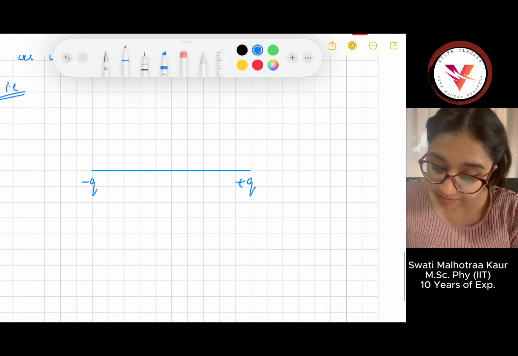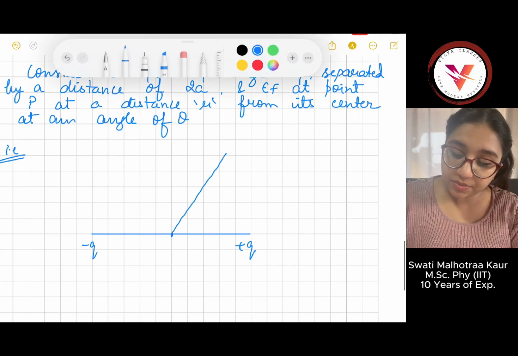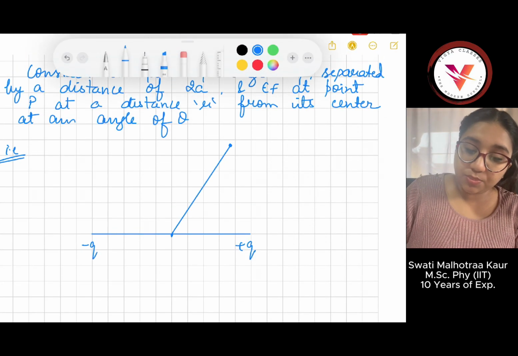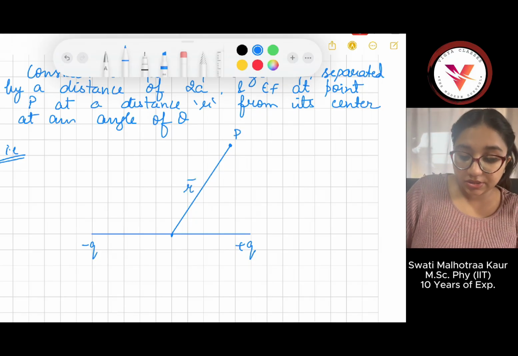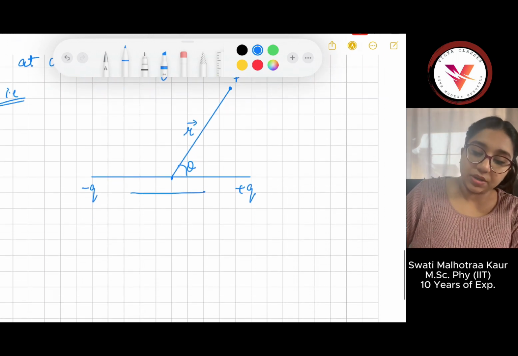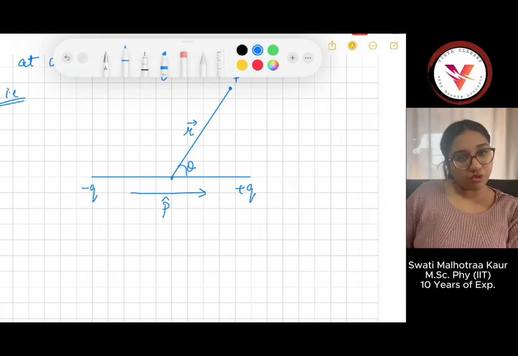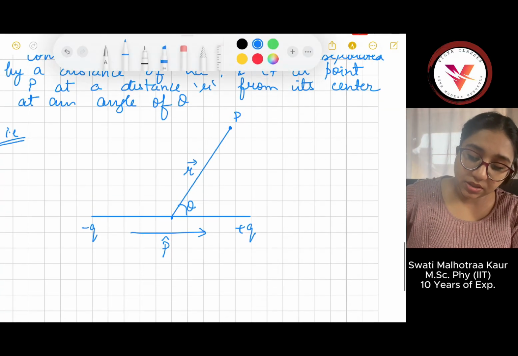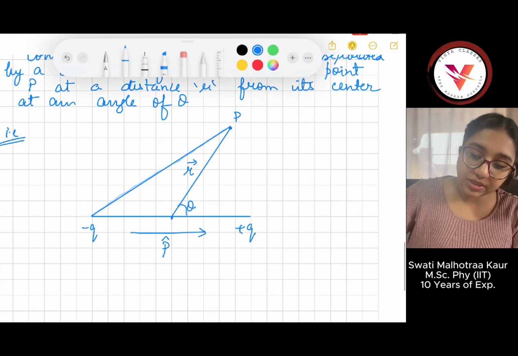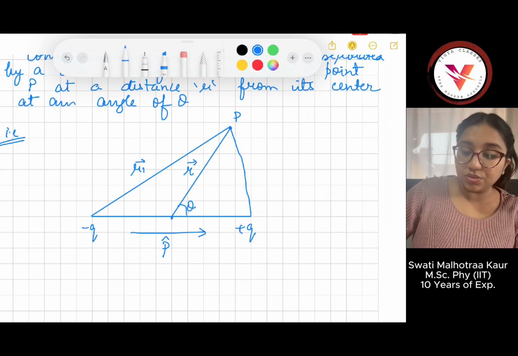This is the midpoint. From the midpoint, consider a point P at a distance of r vector, making an angle of theta with the dipole moment. Let's take this as p cap from negative to positive. Now consider that this point P is at a distance of r1 from minus q and a distance of r2 from plus q.